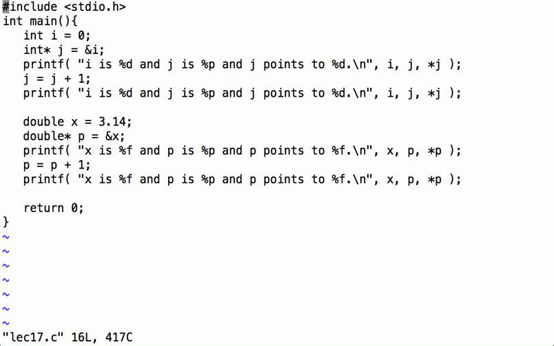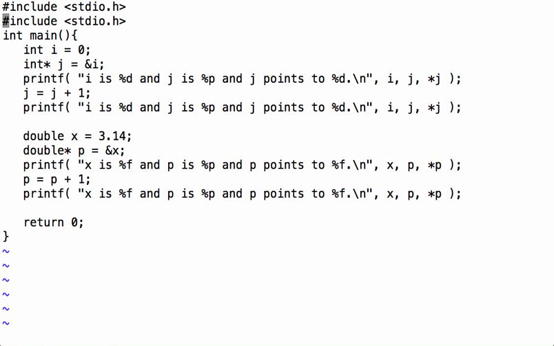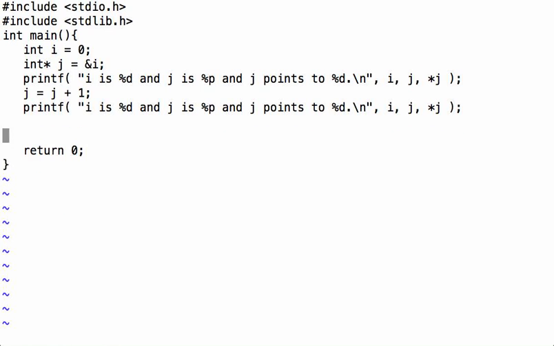lec17.c, what you want is you want stdlib.h. So let's put that in. Then I'm going to get rid of some of this and say int star j. All I want to do is show you what happens if you were to dereference a null pointer.